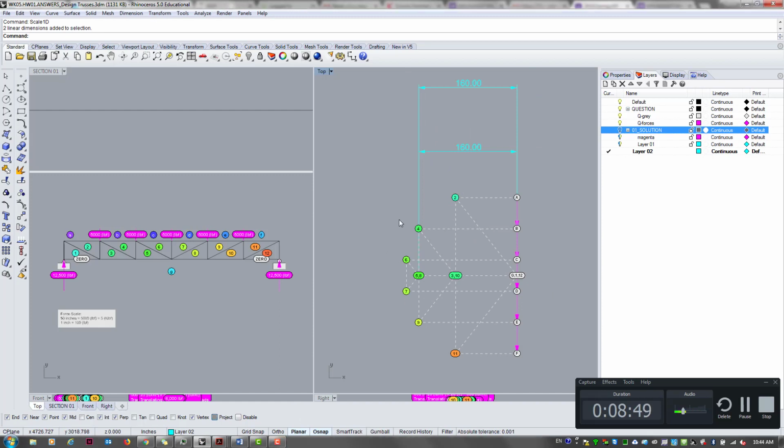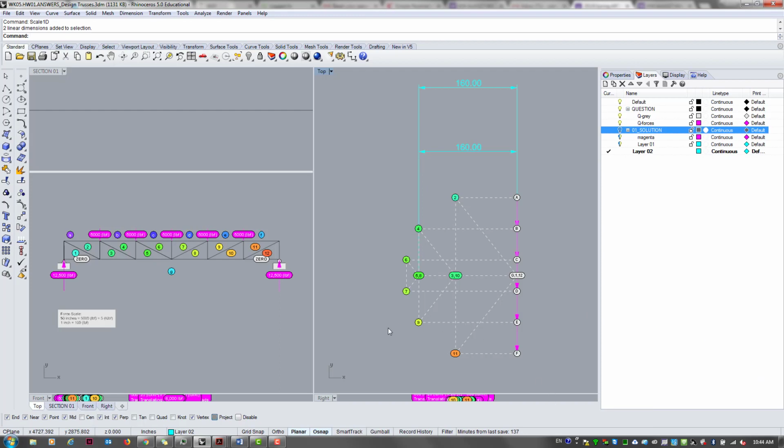So that's basically the force diagram that we want this truss to have.